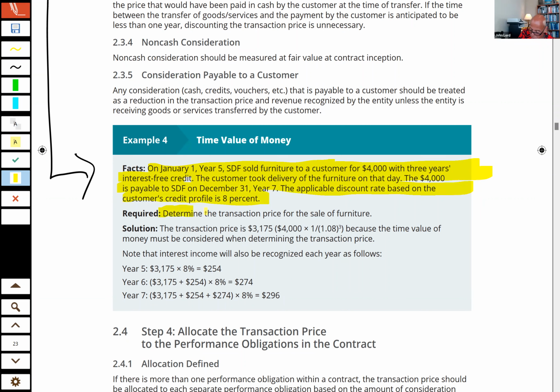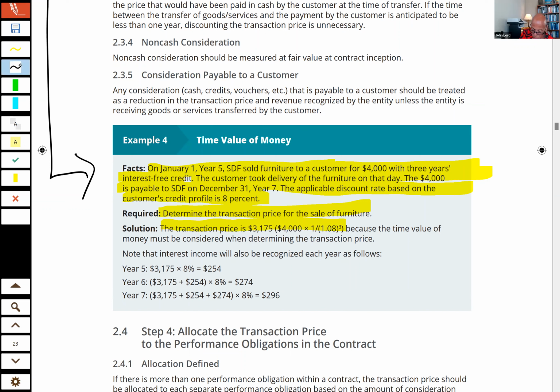And so what they did was they said, well, okay, if that's the case, then I have to multiply the $4,000 by the factor that is associated with that interest rate.